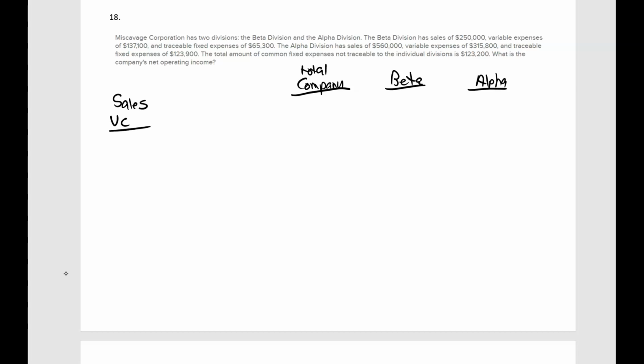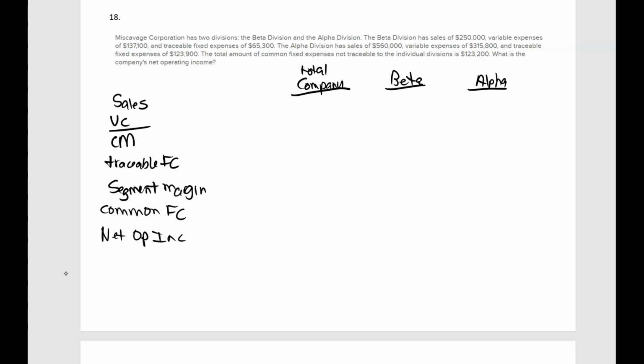Sales, variable expenses gives us our contribution margin. Traceable fixed expenses, segment margin, common fixed expenses gives us our net operating income, and we're looking for the net operating income.